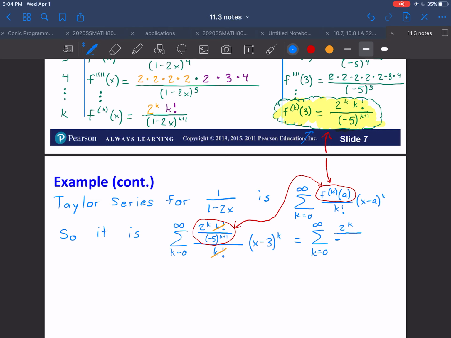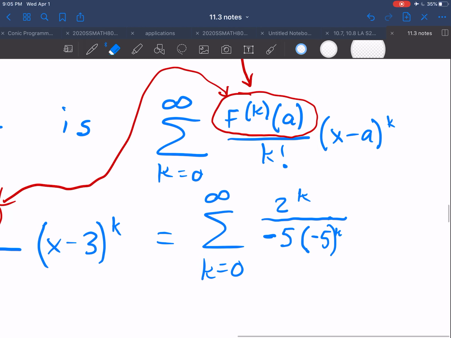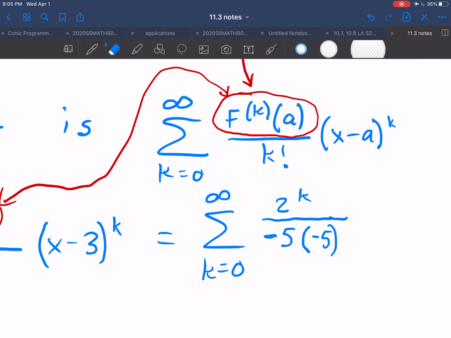I'm going to write negative 5 times negative 5 to the k, times (x minus 3) to the k.